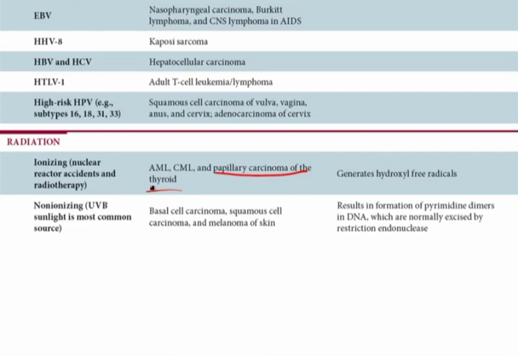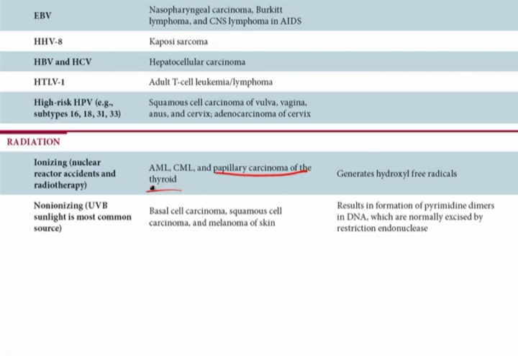Also, there was an increased risk of development of AML, and also an increased risk in patients exposed to development of CML. So AML, CML, and papillary carcinoma of the thyroid are the three cancers that are associated with ionizing radiation. Now, I've already mentioned it once, but here we're going to review it one more time, and that is the mechanism by which ionizing radiation increases this risk: the generation of hydroxyl free radicals.